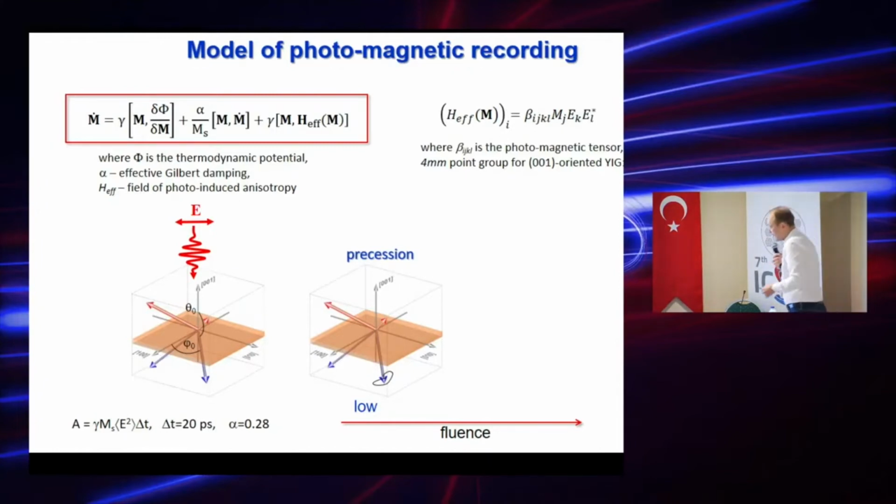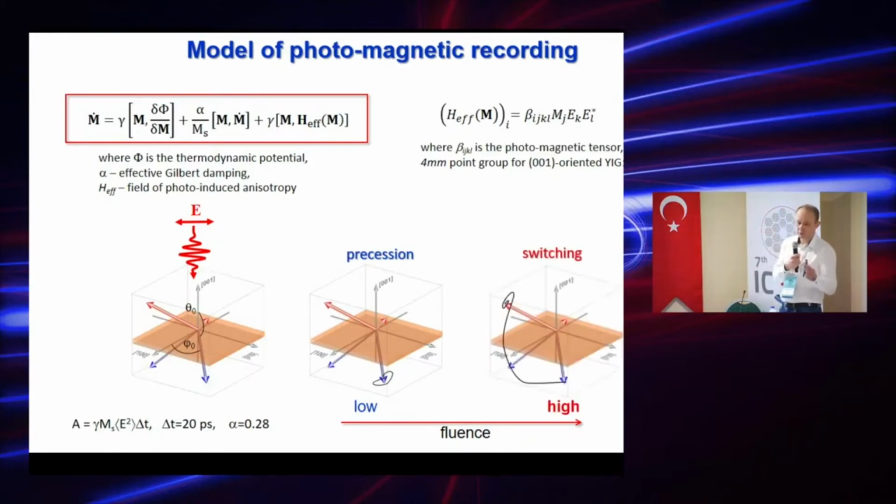The cobalt-doped garnet film is not only a system with very strong spin-orbit coupling, it also has very high Gilbert damping. It is completely different compared to the pure yttrium iron garnet film. In our case, the Gilbert damping is close to 0.2 to 0.3. So this parameter is crucial for switching of the magnetization.